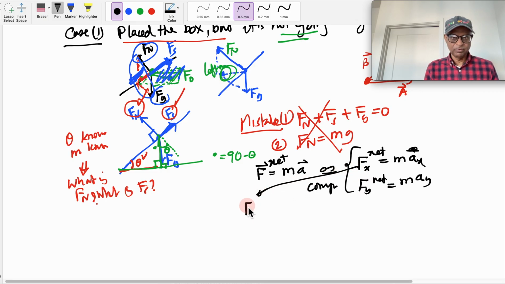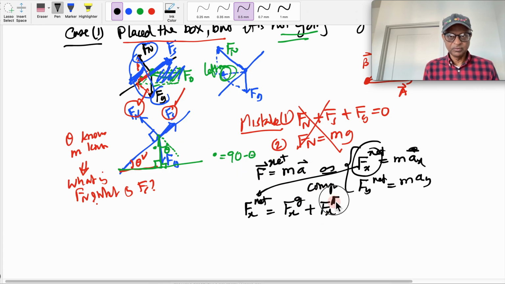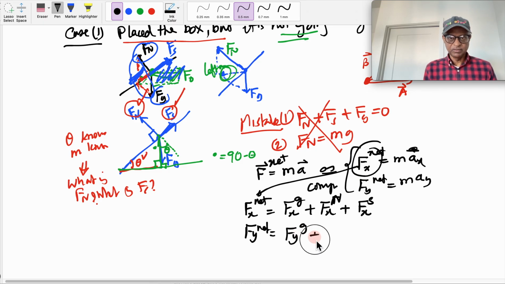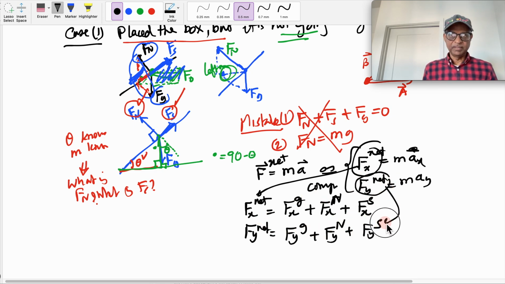What will Fx net be on the left side? It will be equal to Fx of gravity plus Fx of the normal plus Fx of the static friction. And Fy net will be Fy of gravity plus Fy normal plus Fy static.